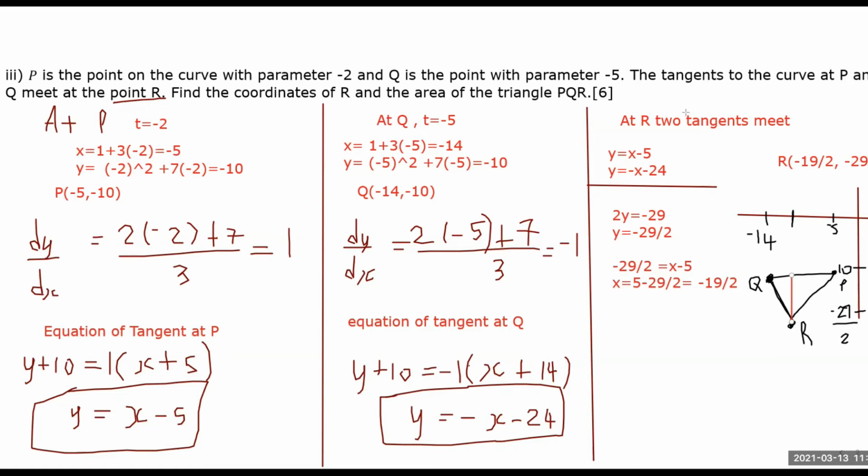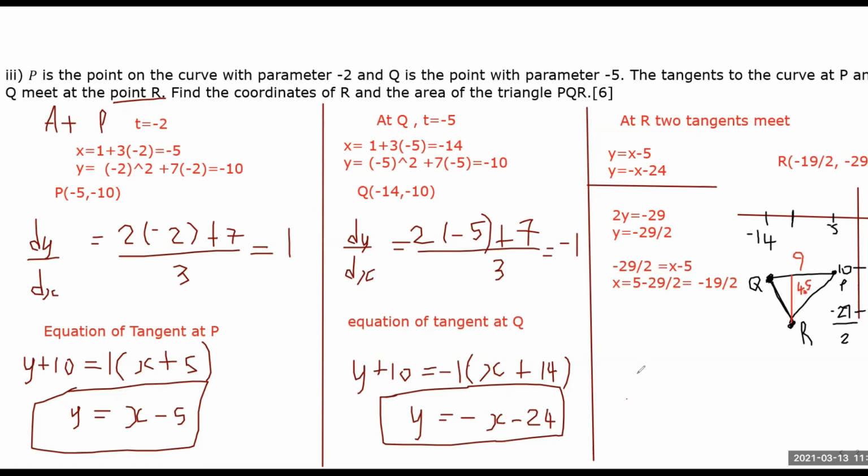Now the base of the triangle is going to be from here to here. Clearly the base goes from -5 to -14, that's 9. So the base is 9. To go from -10 to -29/2, all you need to do is work out 29/2 minus 10, that is 4.5. So the height of the triangle is 4.5.